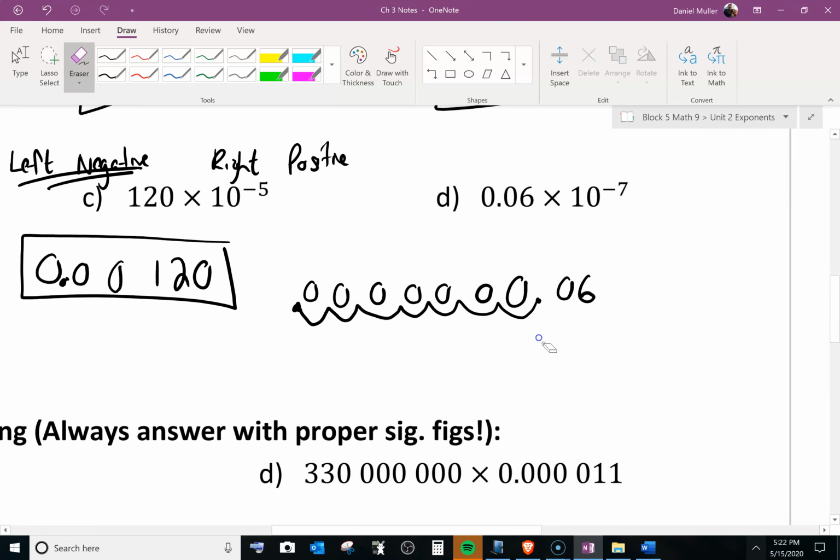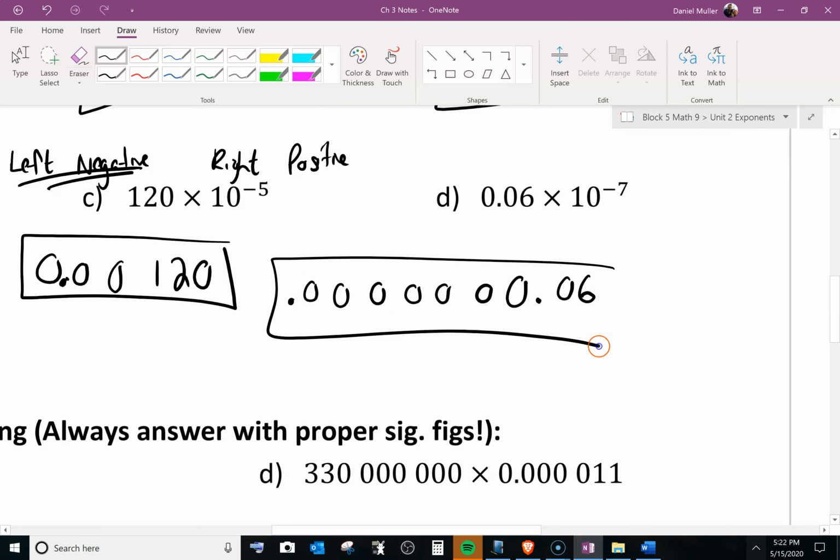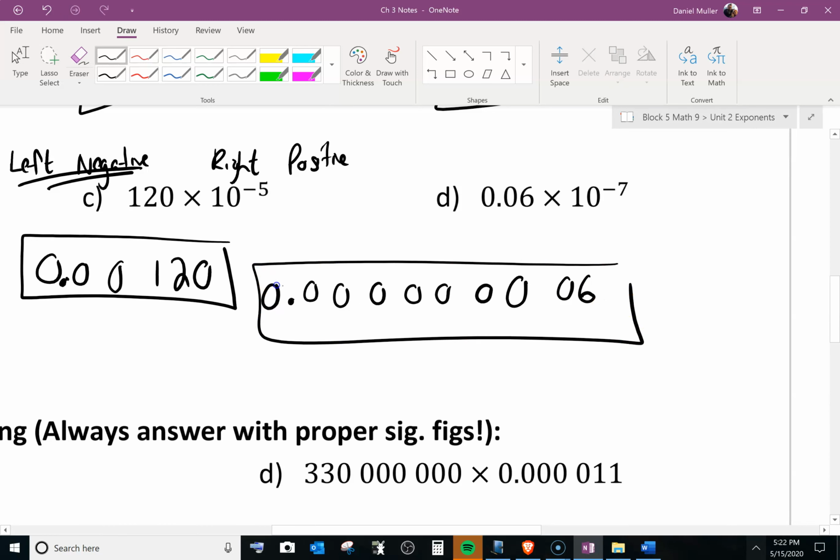So, okay, no, that's good. So that is my answer. Yeah, it's attached here. That's why. There we go. So I've got 0.0000000006. There's a lot of zeros there.